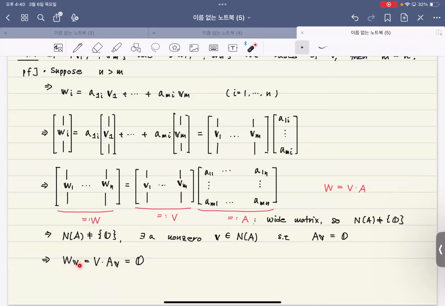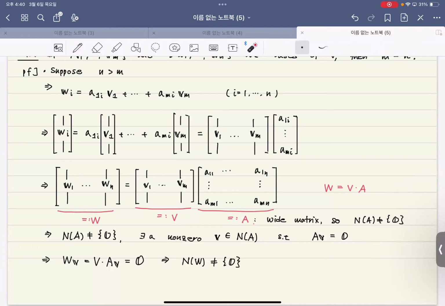In other words, the null space of not only A, but the null space of W must also be non-trivial, right? Because I was able to find some non-zero vector V such that W times V equals 0. Is it a contradiction?